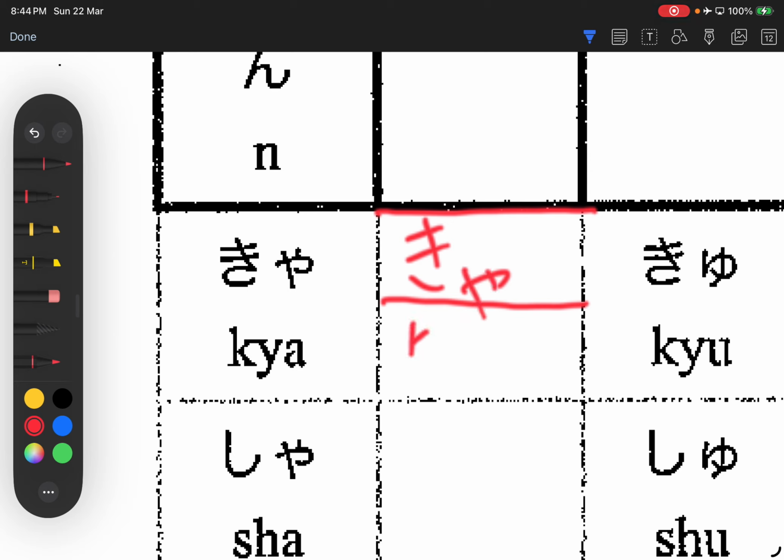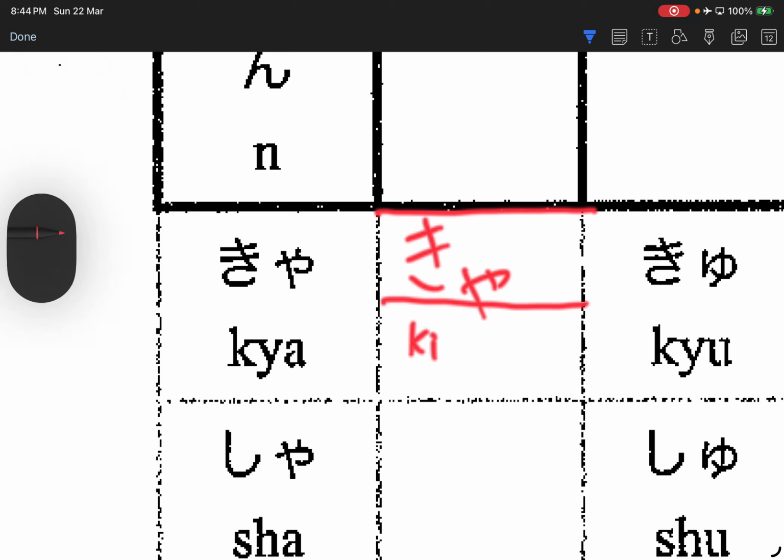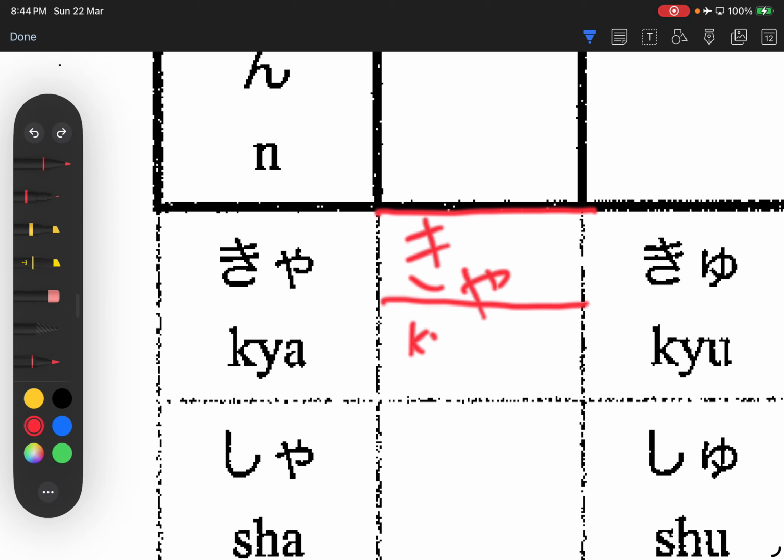So do we call them kiya or do we just match them together, right? So we call this the contracted sound. So if we pronounce as kiya, it is two mora, right? Two breath. But we don't want to read them as two mora. We want to read them as one mora. So kya.